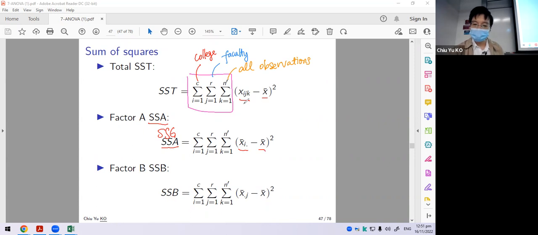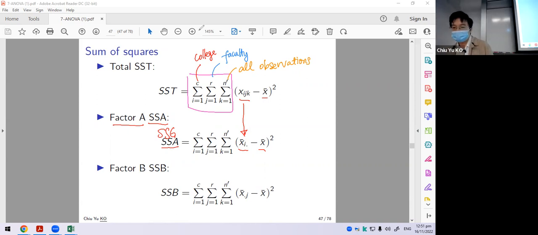Basically you just replace the observation by the mean of the group based on A only. So you enter the college means. You replace every observation with the college mean. That's how you do the calculation, right?